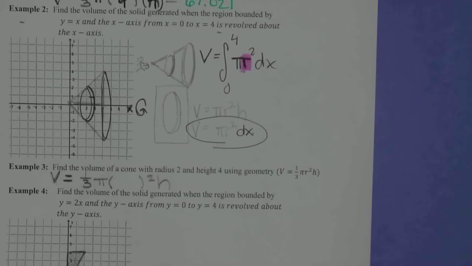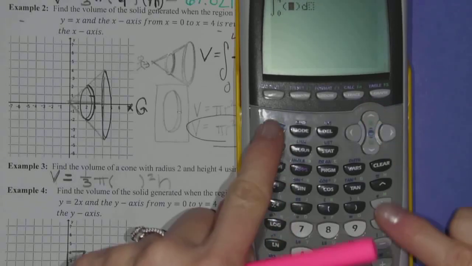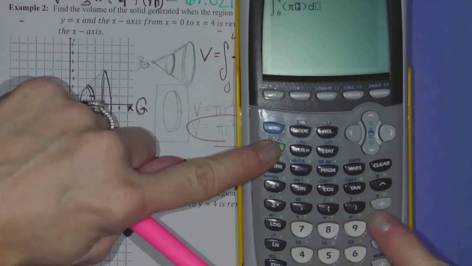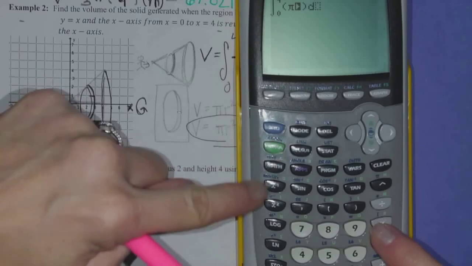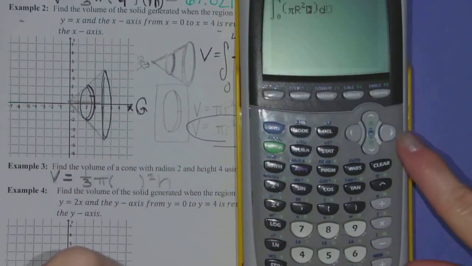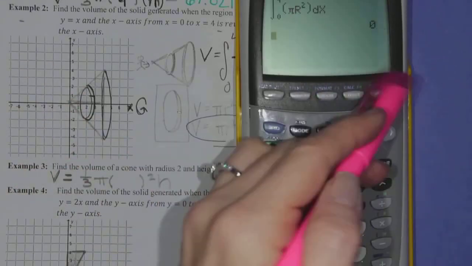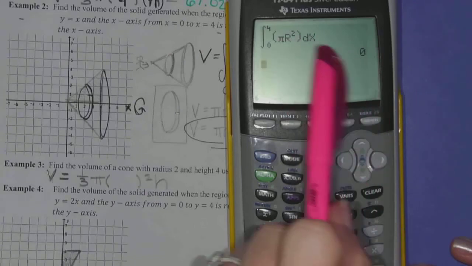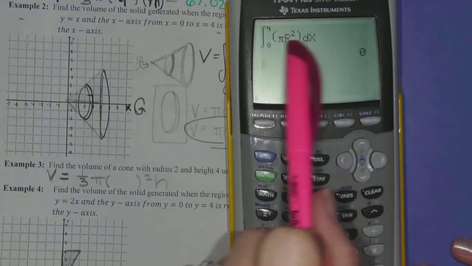If I try to take math 9, the integral from 0 to 4 of pi, and then type alpha r squared, and then dx, it's going to give me 0. It doesn't even make sense. I probably have something stored in the variable r somewhere. This isn't going to work. You need to have your definite integral all in terms of x's.